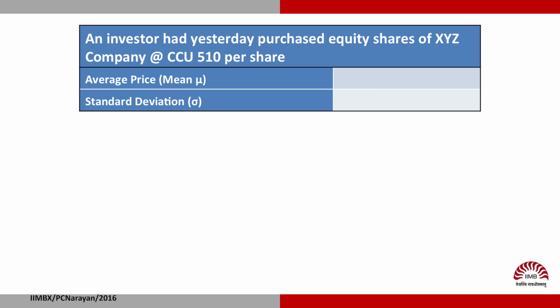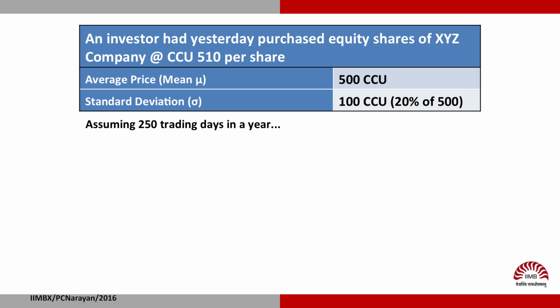Let us say the average price mu and the standard deviation sigma so arrived at for company XYZ is 500 CCU stock price and 100 CCU standard deviation, or 20% of the stock price of 500. Assume 250 trading days in a year.